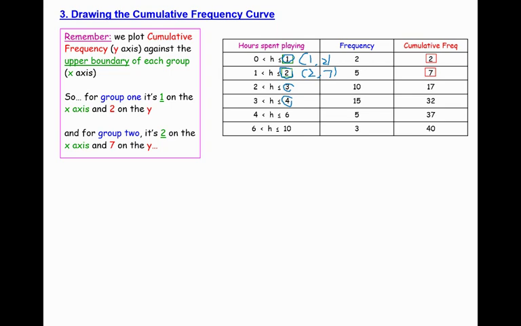Okay, now just one more thing. We do know that 2 students actually spend between 0 and 1 hours playing Wii. Now, did any student actually spend 0 hours, or basically not playing Wii at all? Well, of course there's none. So if there is none, where do we actually start drawing the cumulative frequency graph?